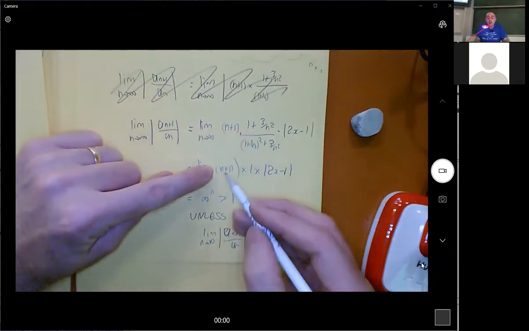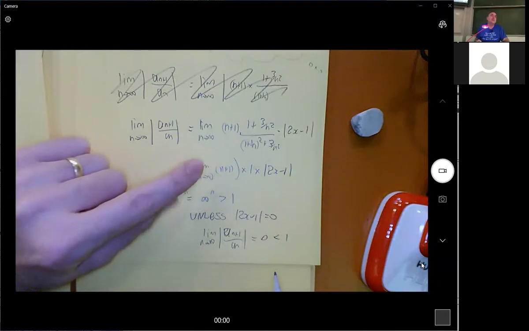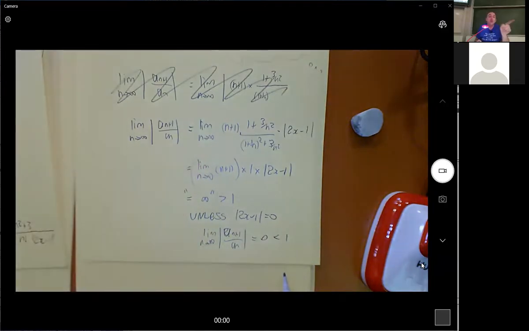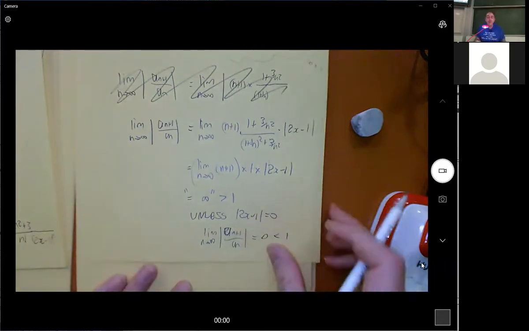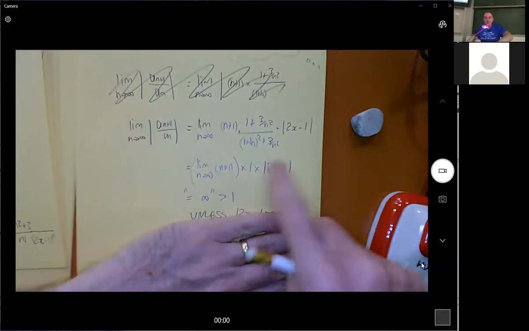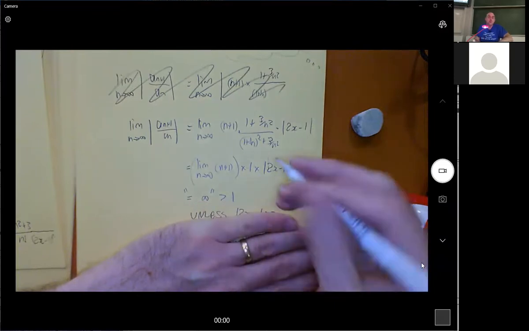If I put a 1 there, I would get 1 plus 1 over n, over 1 over n, which would be 1 divided by 0, which doesn't exist. So if this isn't 0, it doesn't converge, because the answer is infinity, which is more than 1.